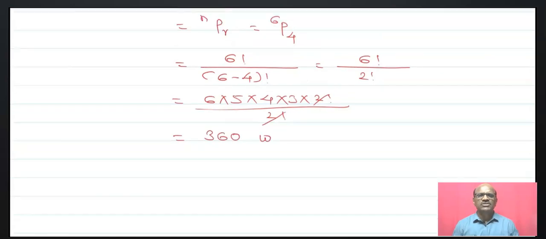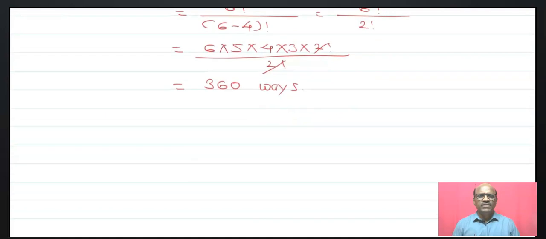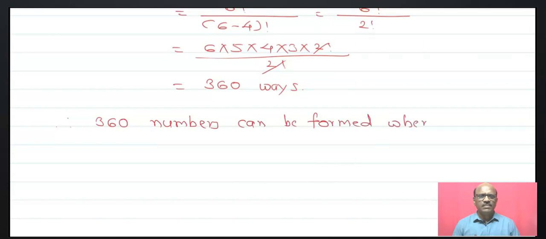That is equal to 360 ways the numbers can be formed when the digits cannot be repeated.